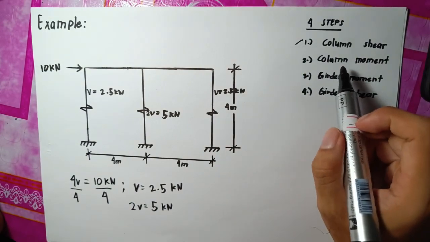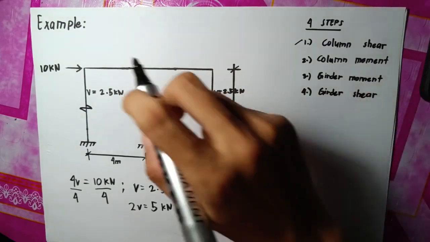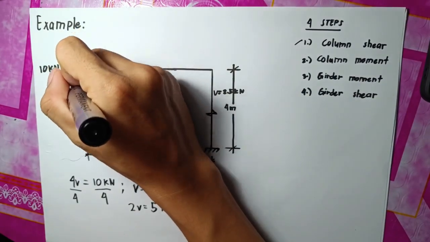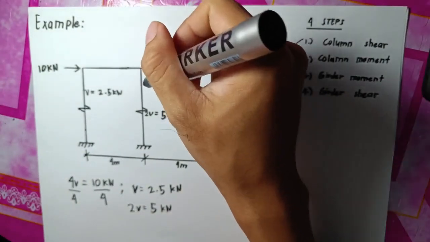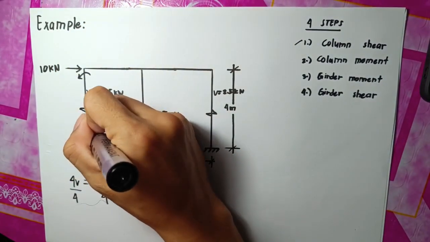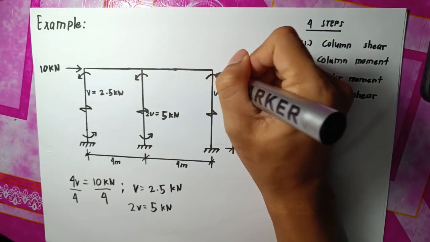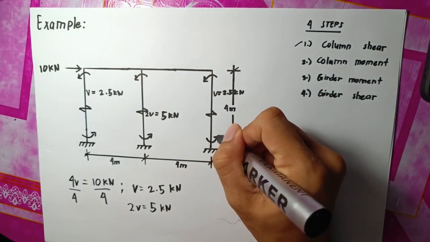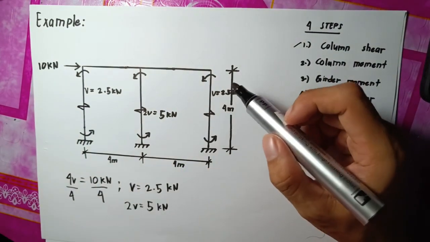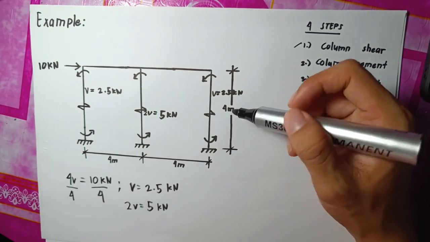So we have to get the column moment. In the column moment, we have to put moment that is counterclockwise in the column, in the interior and exterior column. So we must get the half of the height of the building.